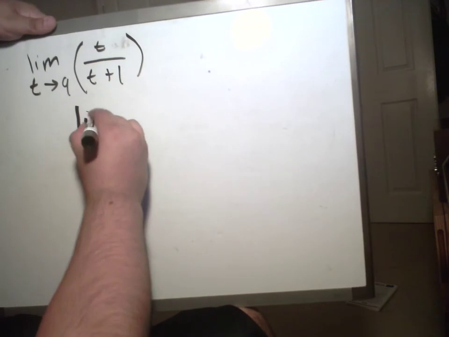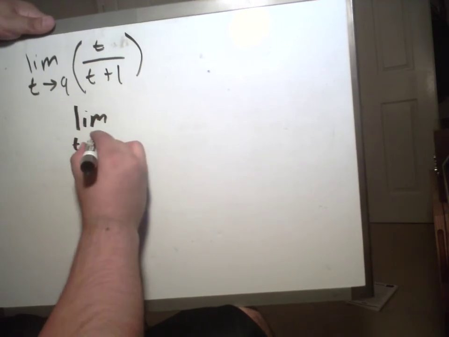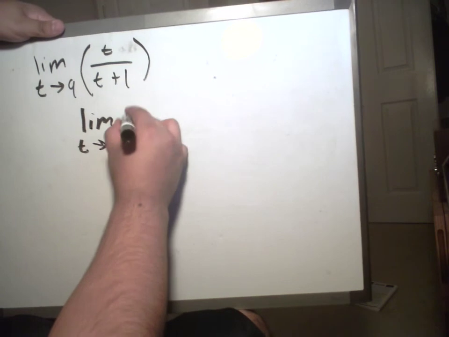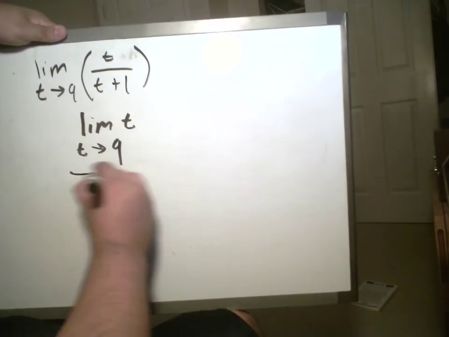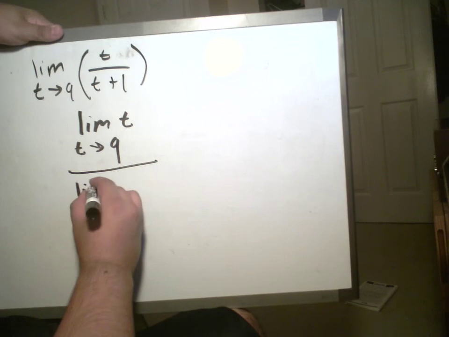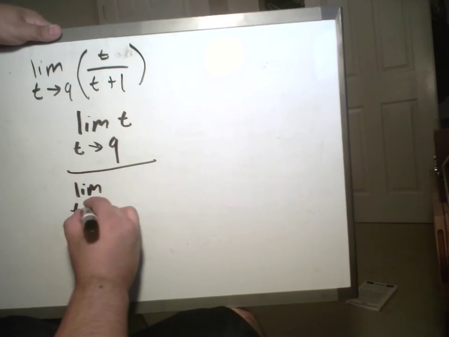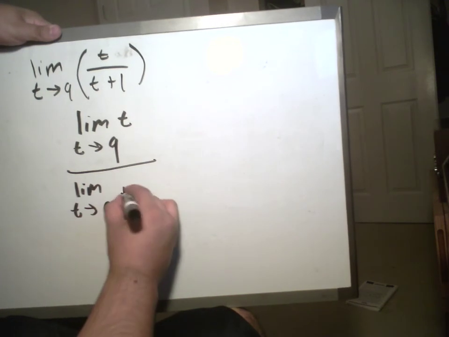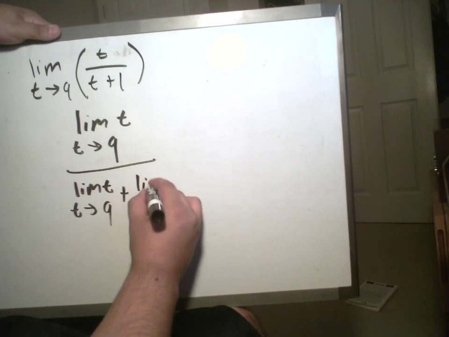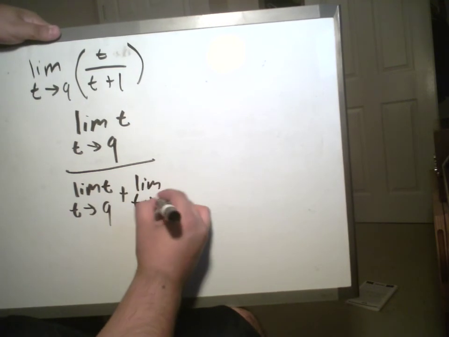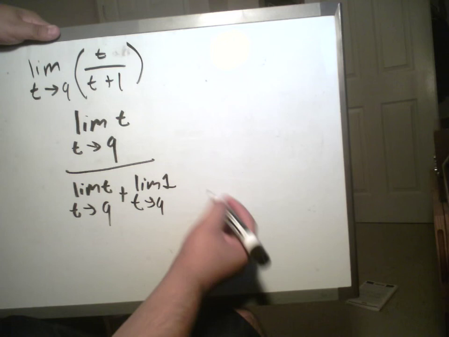So the limit as t goes to 9 of t all divided by the limit as t goes to 9 of t, plus, don't forget that, plus the limit as t goes to 9 of 1.